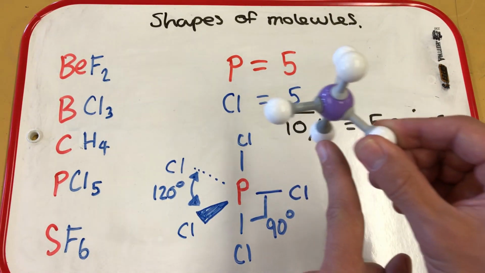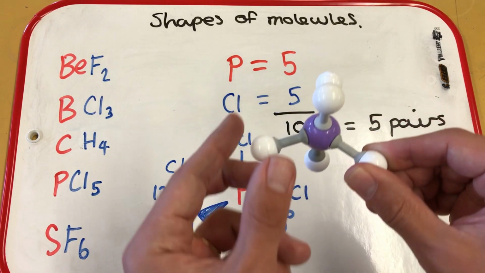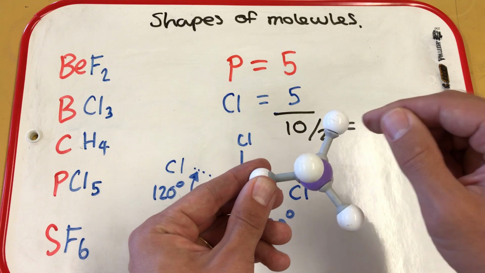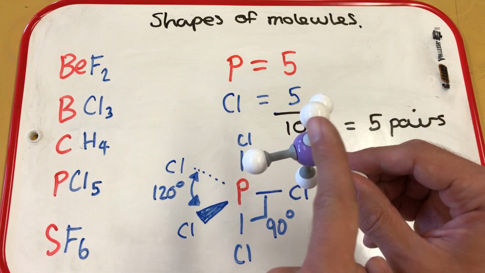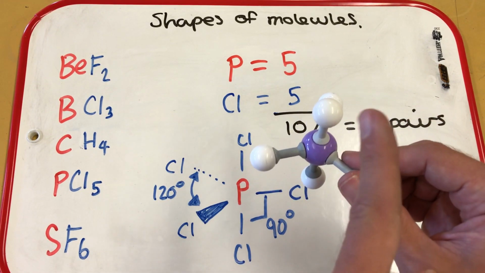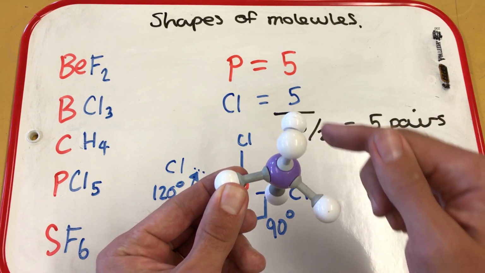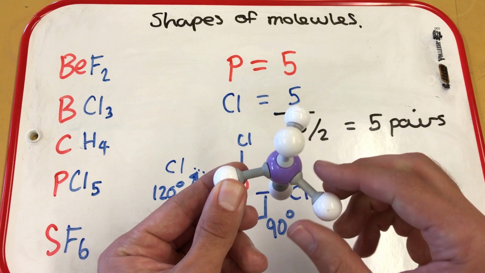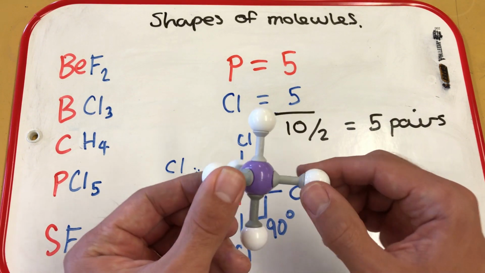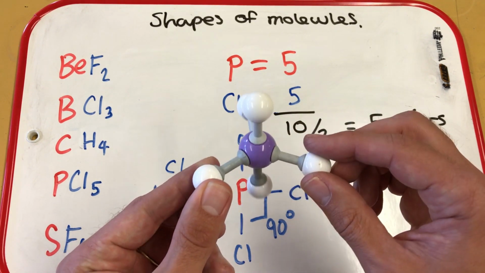So we've got the phosphorus that goes down, we've got the trigonal planar part in the middle here, and then we've got this chlorine that comes straight up. So we've got the chlorines going up and down in the middle, and then we've got the trigonal planar with the 120-degree bond angles here, and then if we have a look, you've got the 90-degree bond angles here.